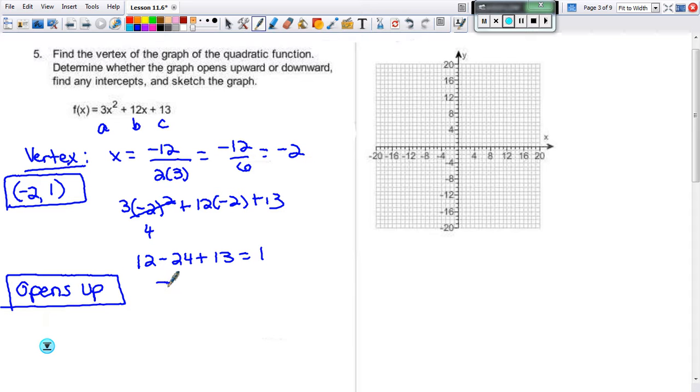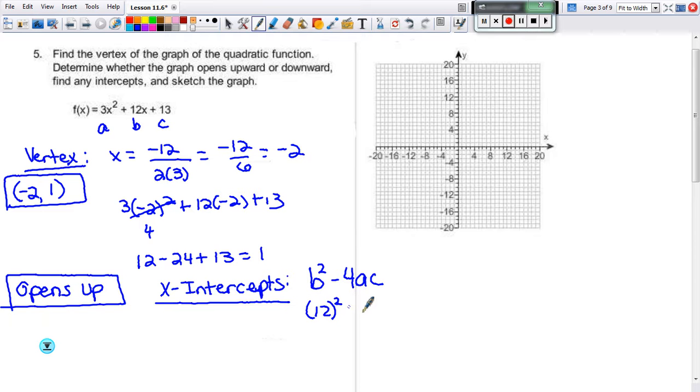The x-intercept: tested against the discriminant first, b squared minus 4ac. So b squared, 12 times 12, well, let me plug that into the formula here. B squared minus 4 times a times c. 12 times 12 is 144.